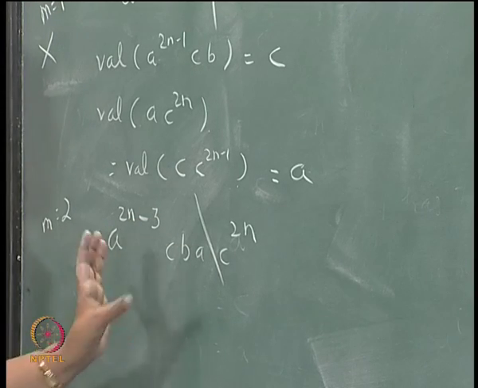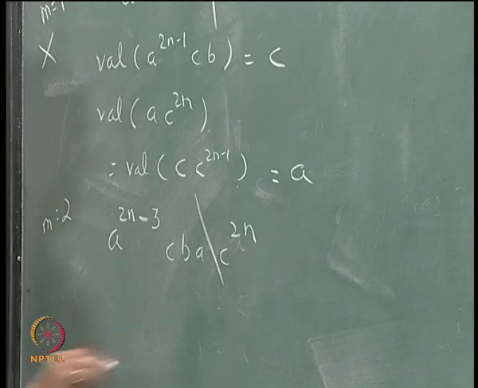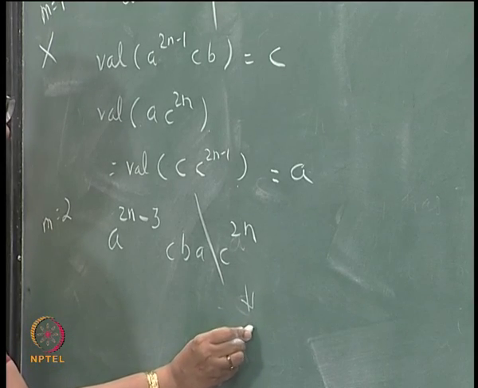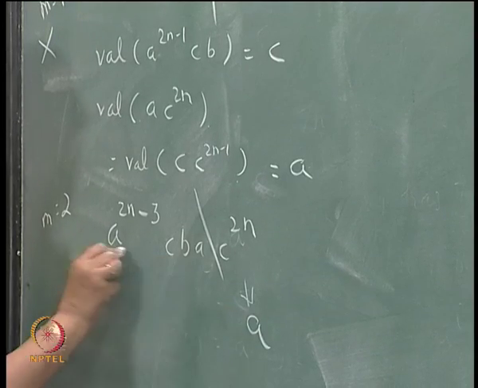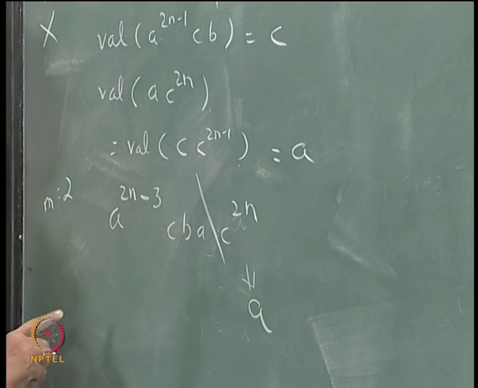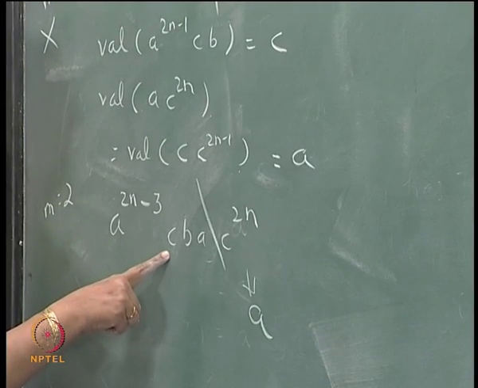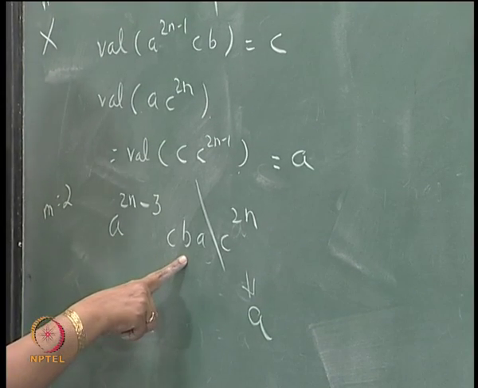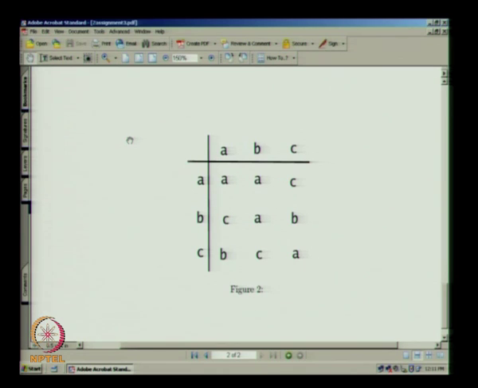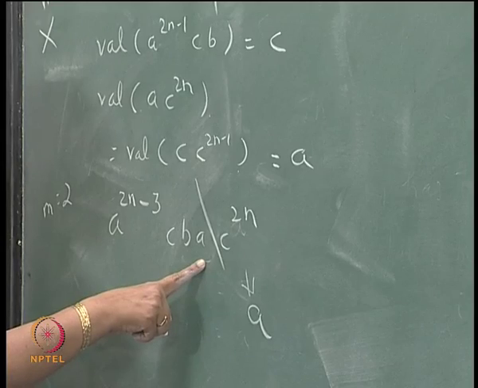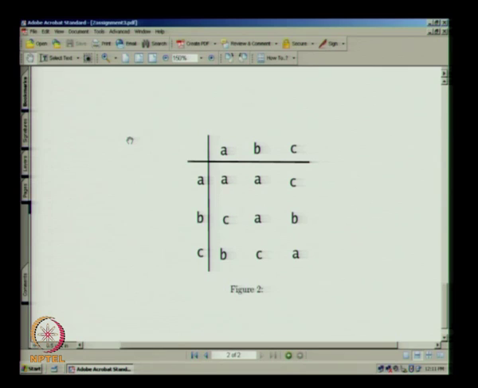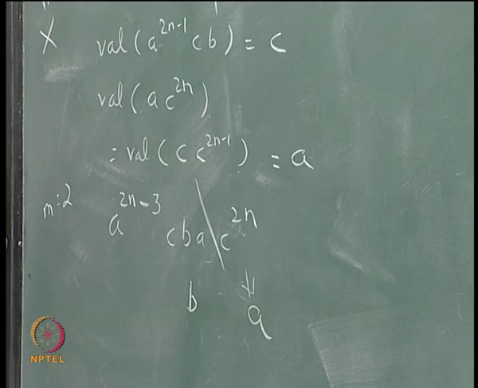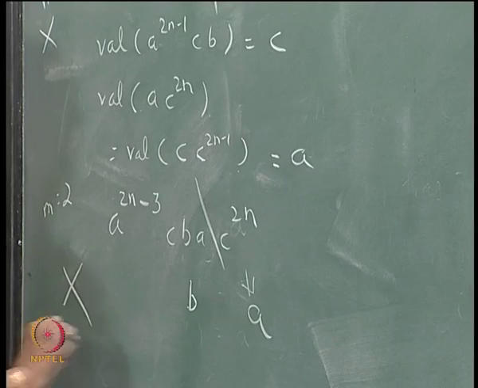This is of length 2n, this is of length 2n. So, this will evaluate to A, and what will be the evaluation of this? This is A, AC is C, CB is C, CA is B. They are not the same. So, this also is ruled out.